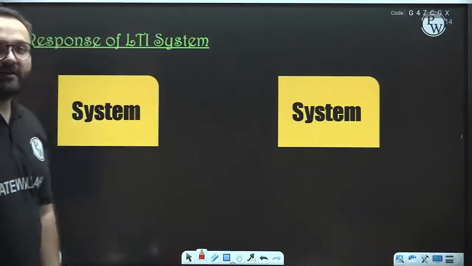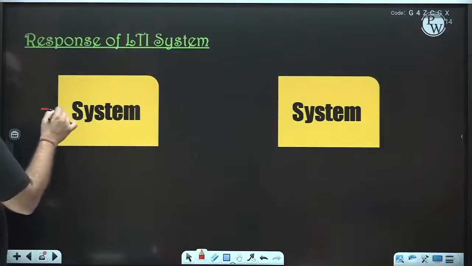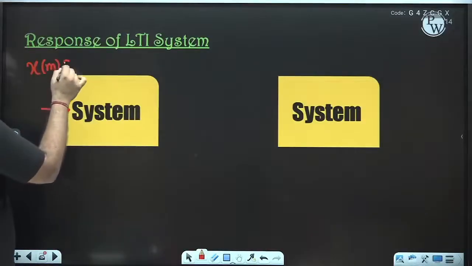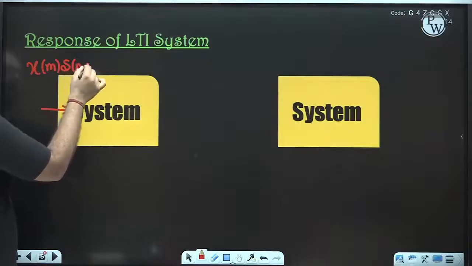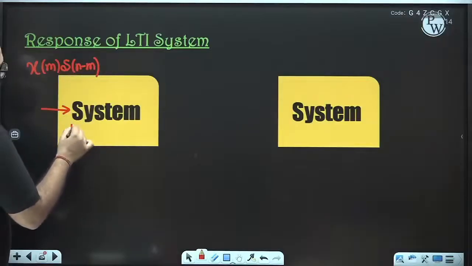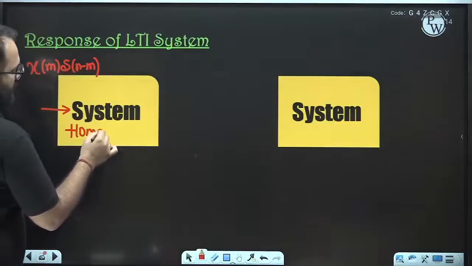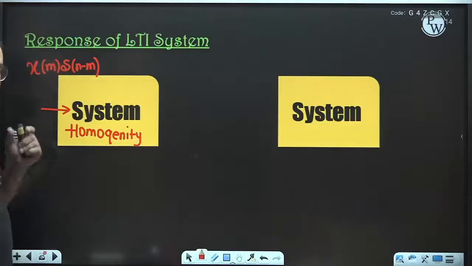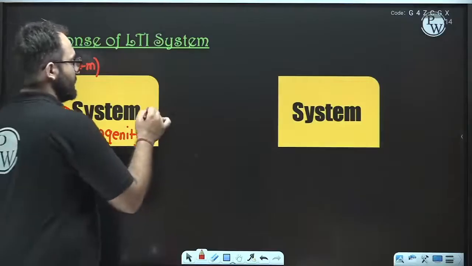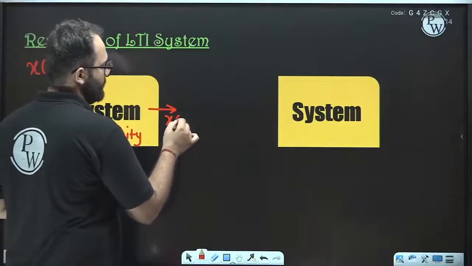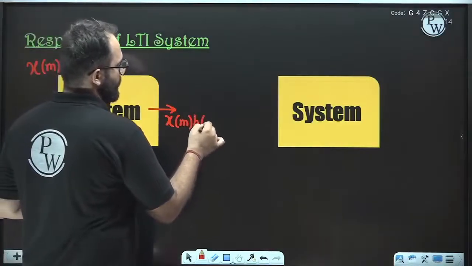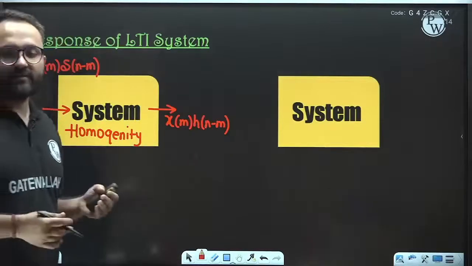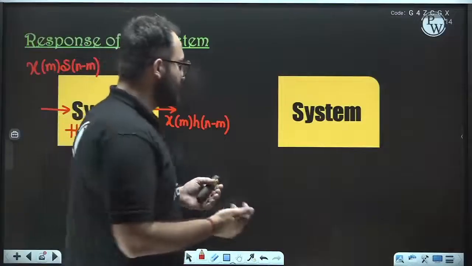Now if we multiply the input by a constant x[m], then due to homogeneity the result will also get multiplied by x[m]. Now finally, if we do summation, the summation is a linear operation.